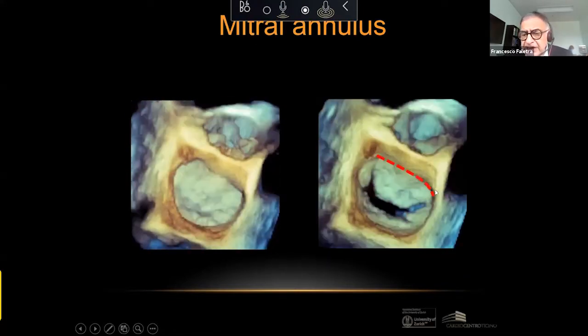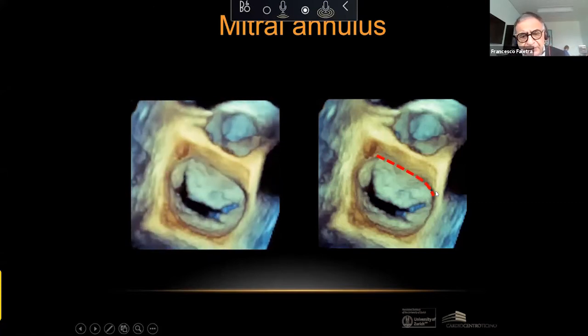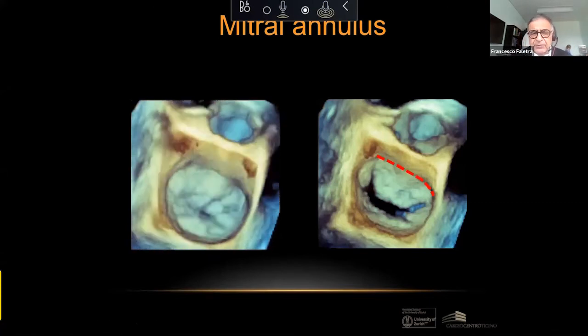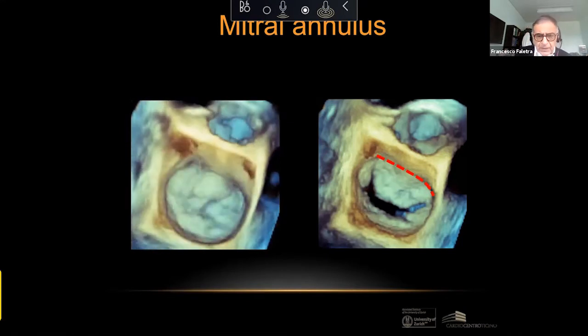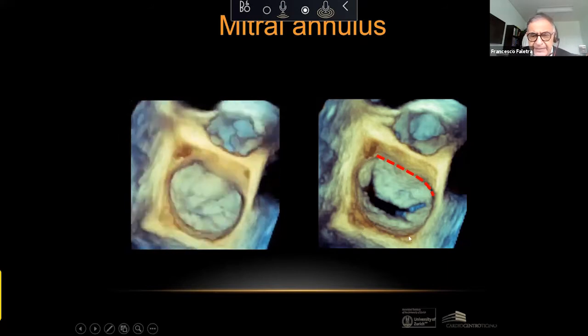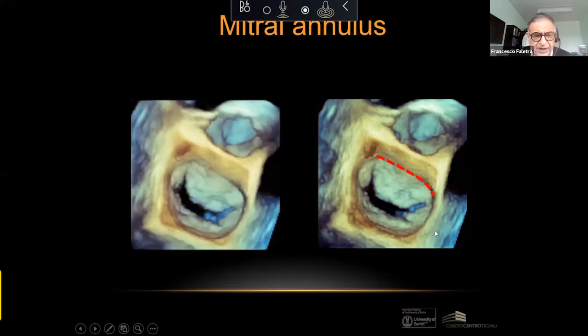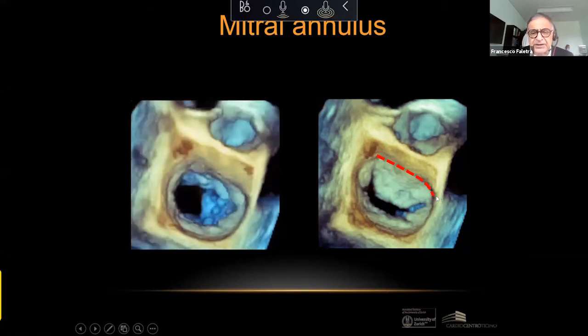Let's go to the anterior annulus, which is completely different from the posterior annulus. The posterior annulus is a mix of four tissues inconstantly glued by the cord-like fibrous tissue, but the anterior annulus is completely different.